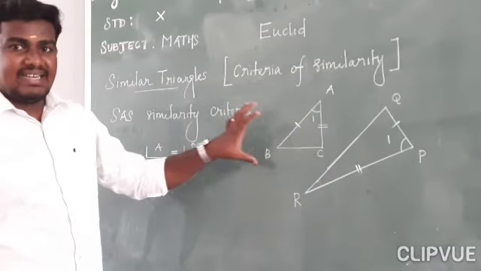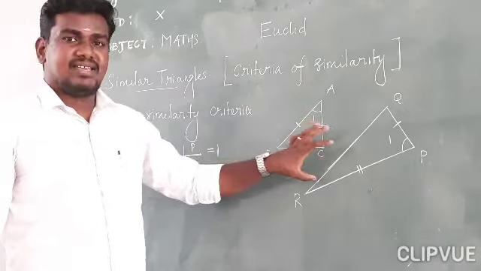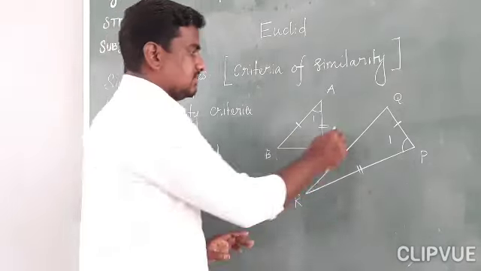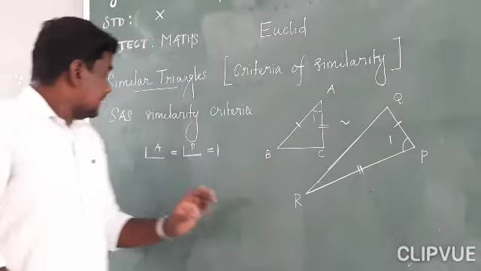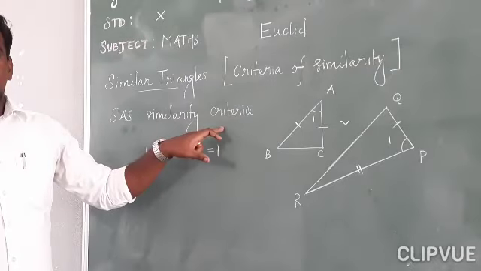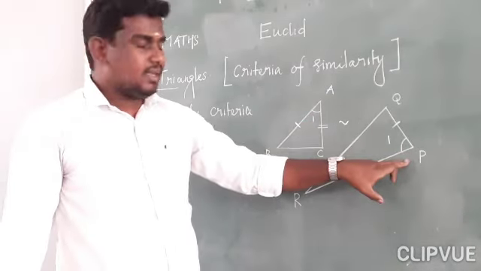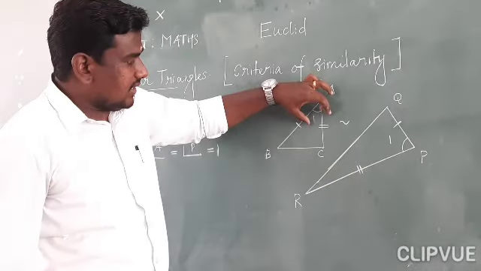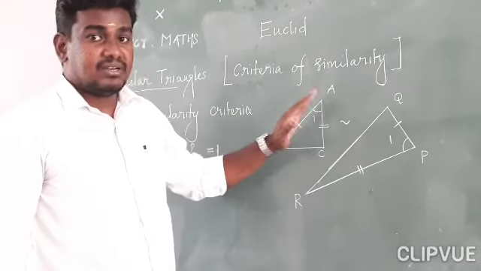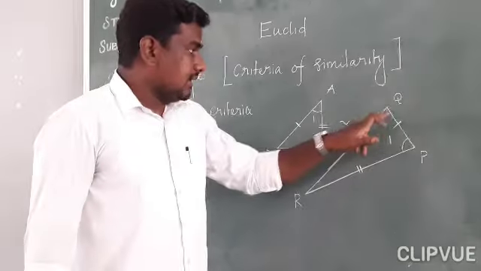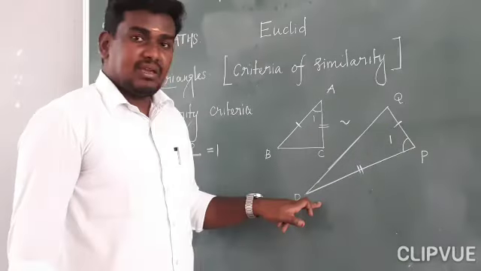If it satisfies this condition, we can say that the two triangles ABC and PQR are similar. This is called the side angle side similarity criteria. Angle A equal to angle P, and the angle actually contains two sides, between the two sides AB and AC, here PQ and PR.